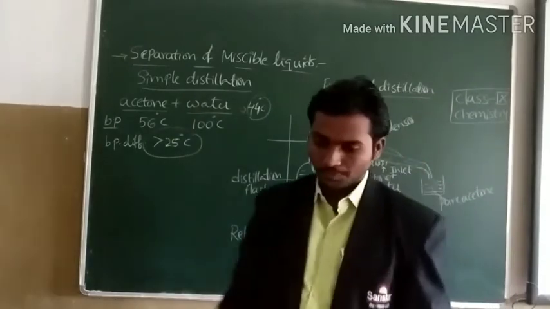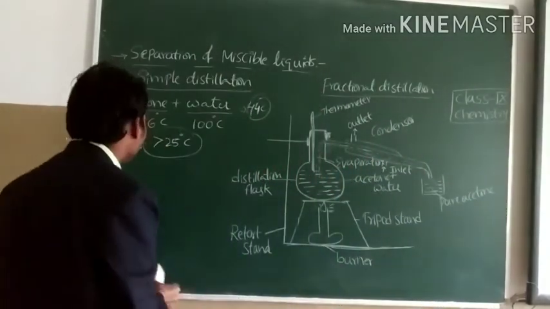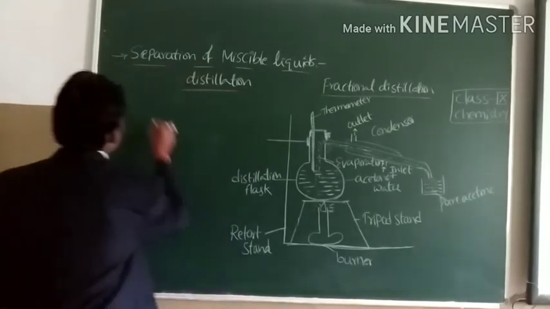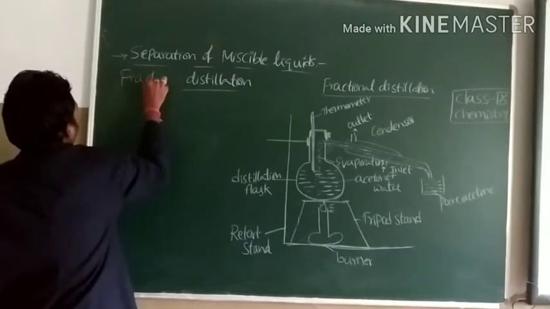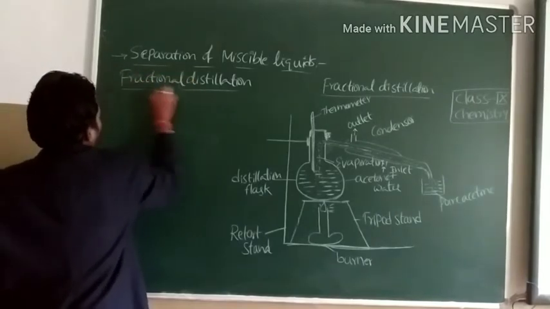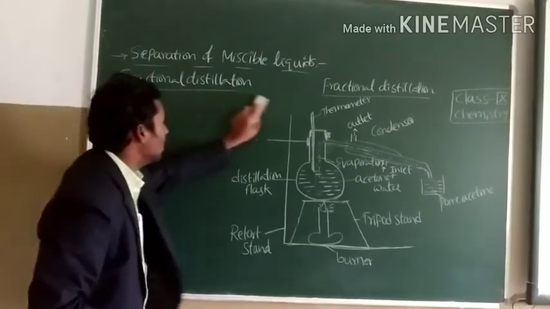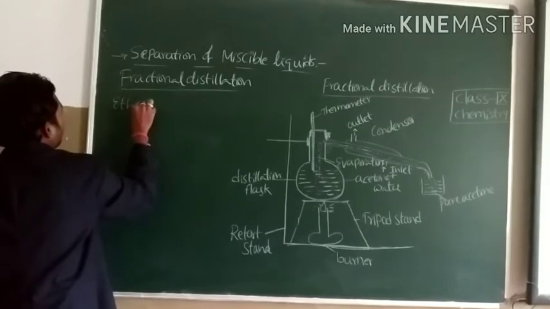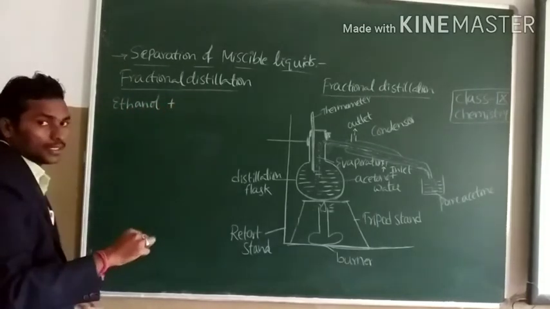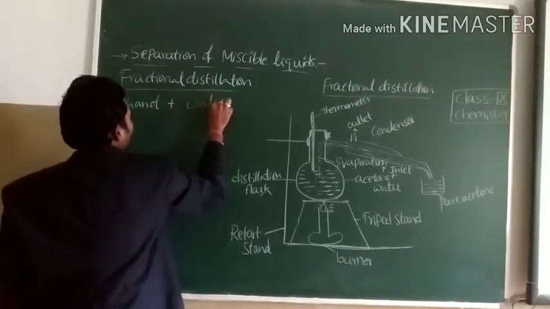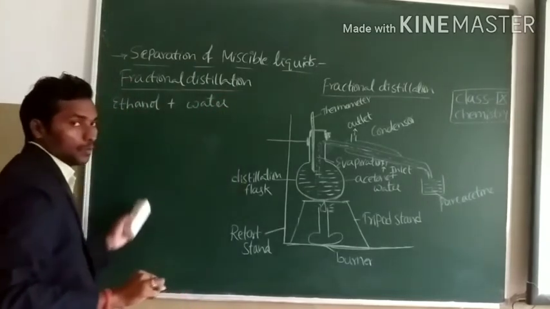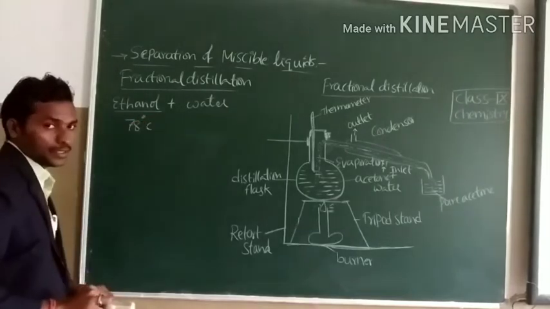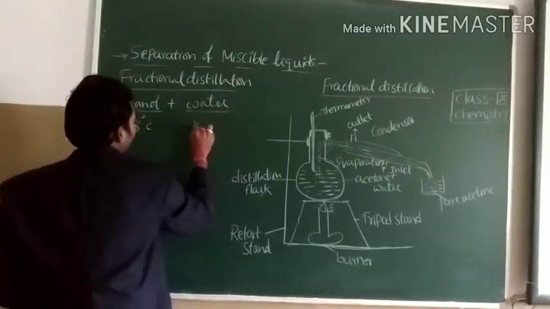For example, miscible liquids like ethanol, that is ethyl alcohol, and water. The boiling point of ethanol is 78 degrees Celsius, and the boiling point of water is 100 degrees Celsius.